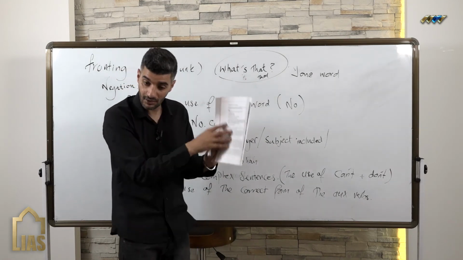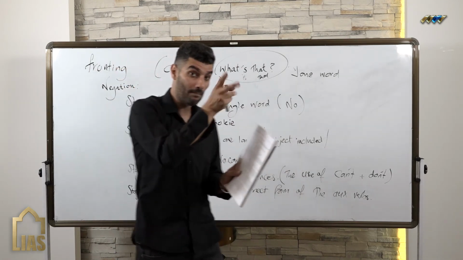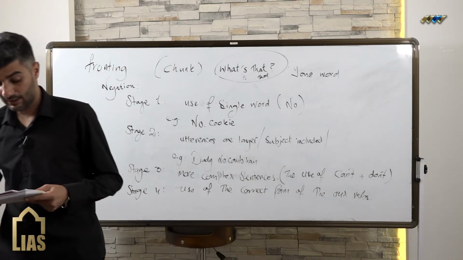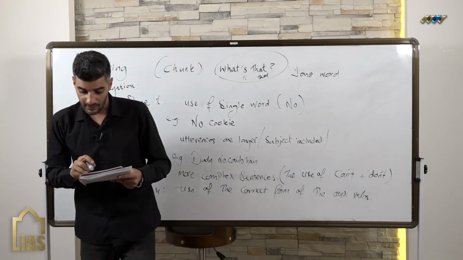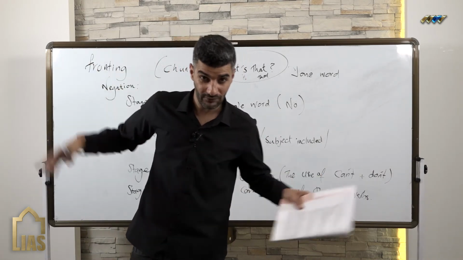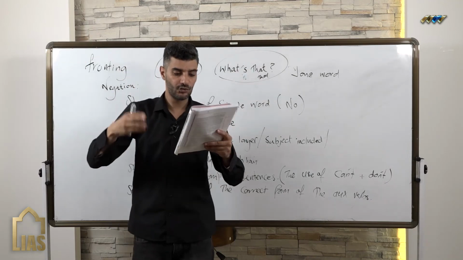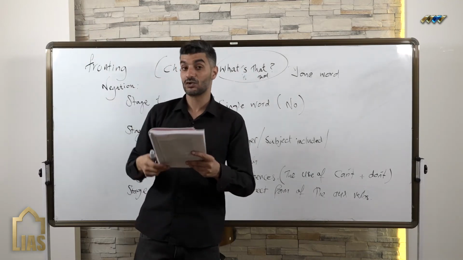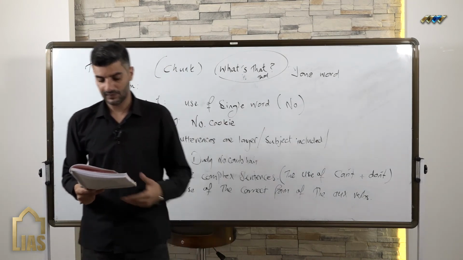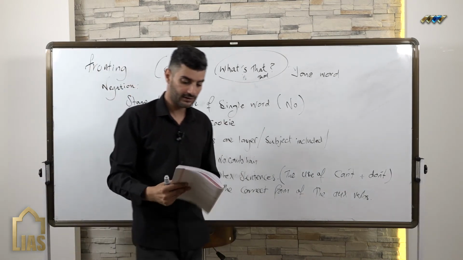Sometimes children can learn all of them but go back because of circumstances around them. But the overall path, the road, usually leads them to a closer approximation of the language that is spoken around them.